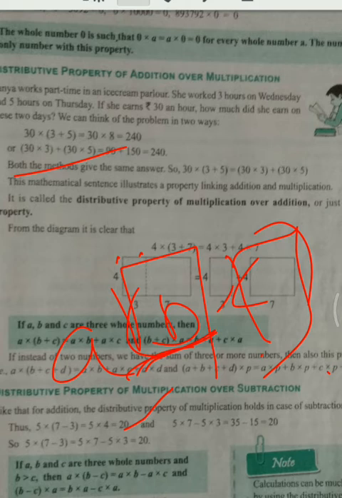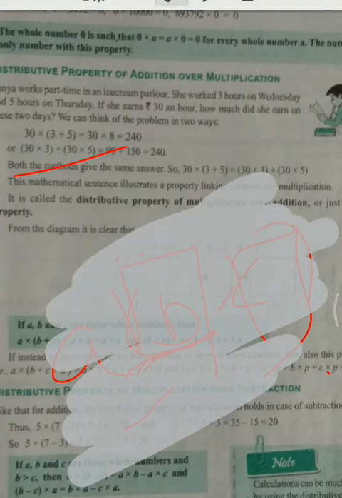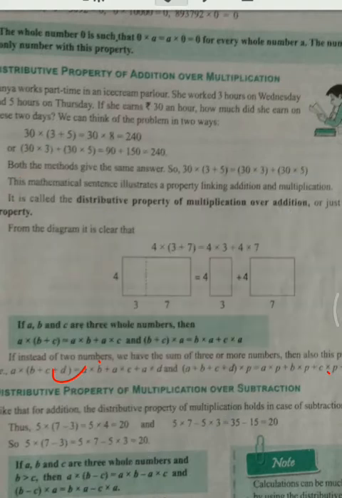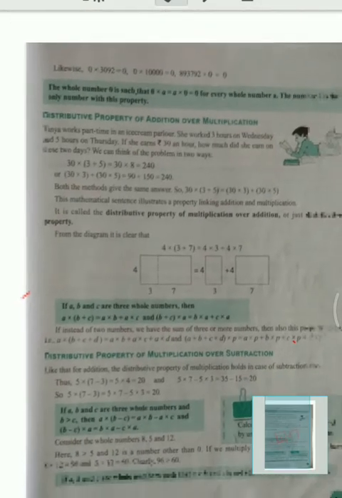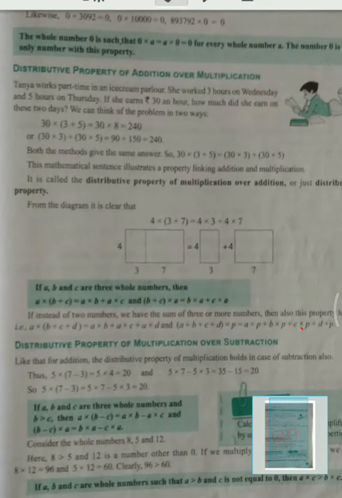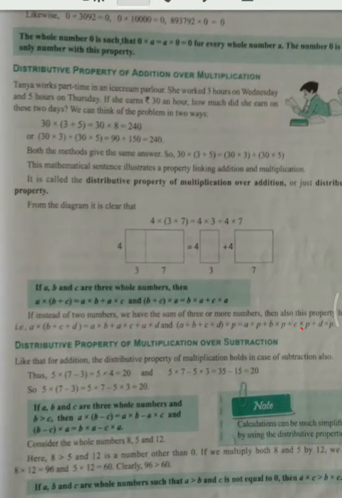Okay, so 5 into (7 minus 3). 5 into (7 minus 3) is what, student? Let's just see your example. Here 7 minus 3 is what, student? 4.